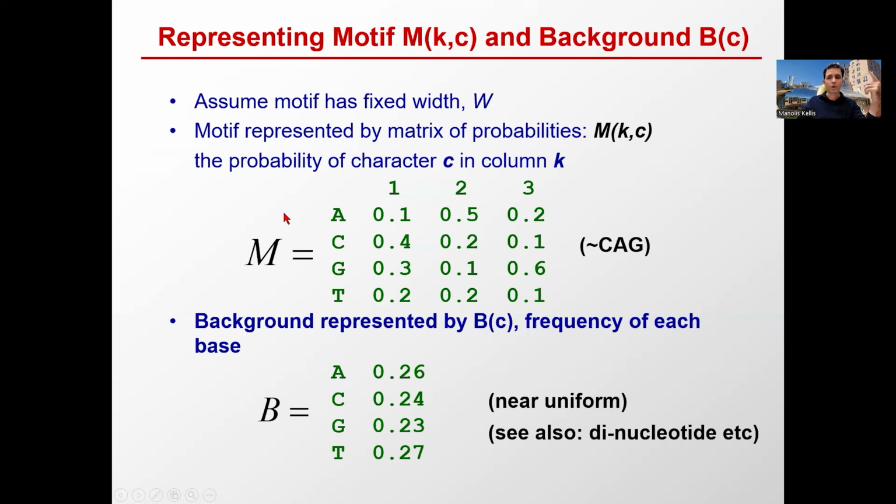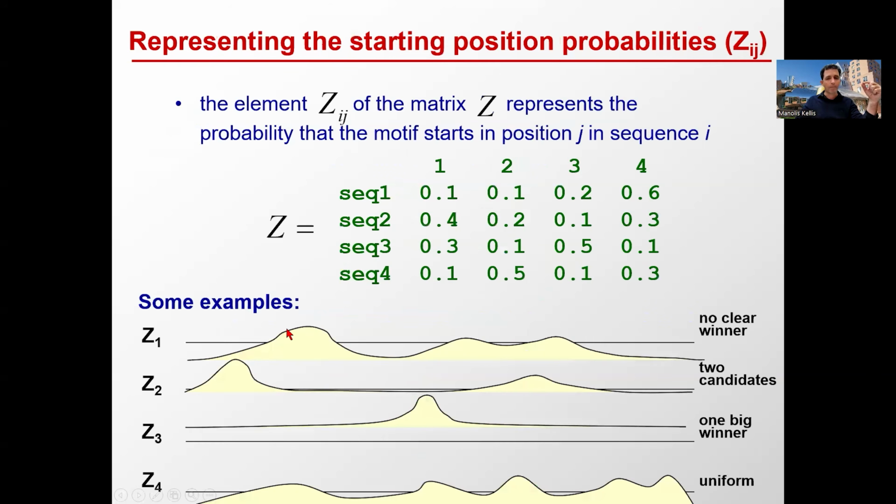Okay? So the likelihood ratio is what is the probability with which I could have generated this with motif or the background. Everybody with me here? So you can use that to then get a probability distribution at every position.